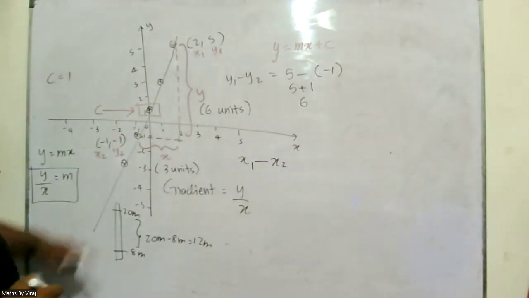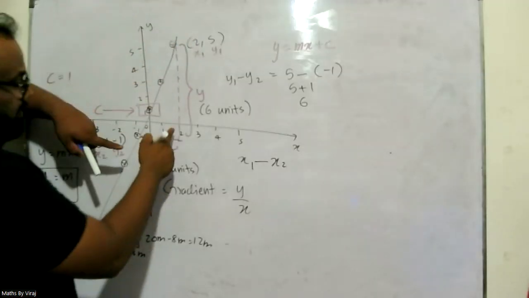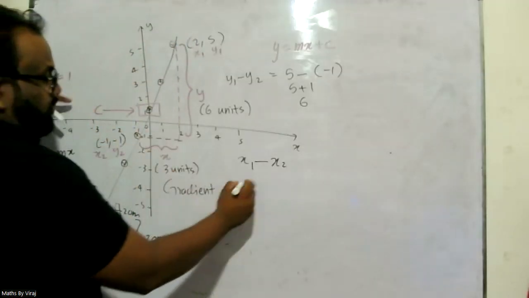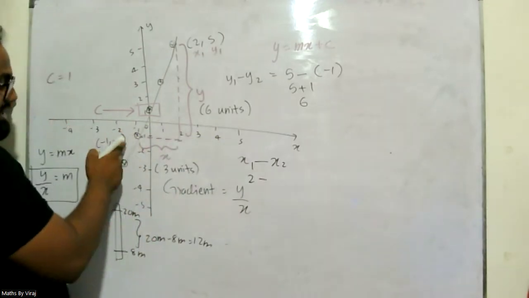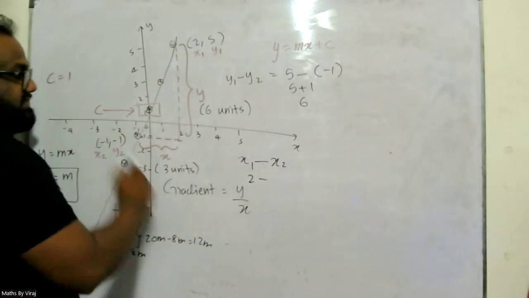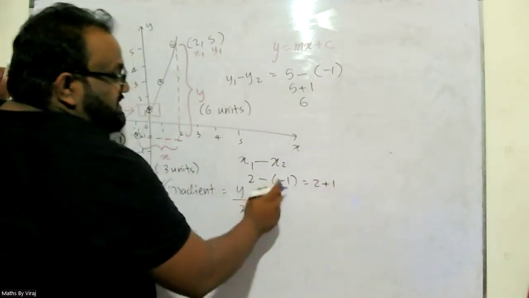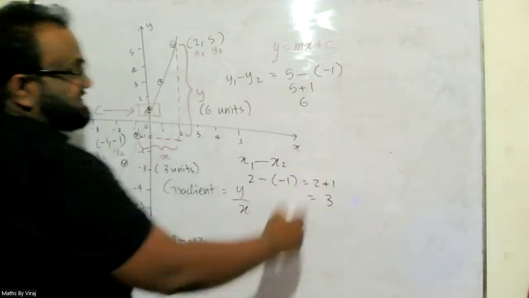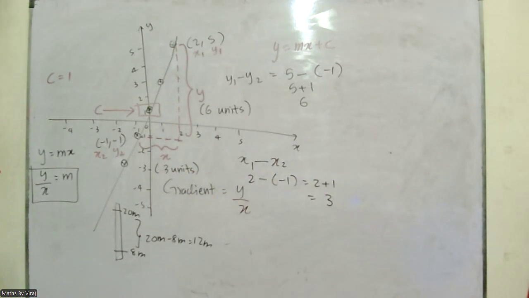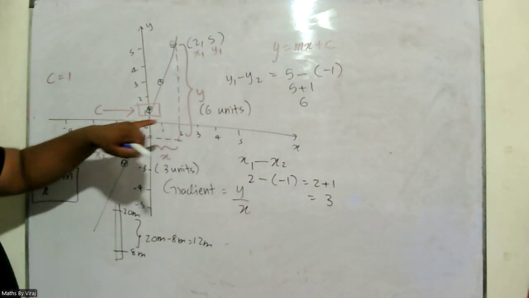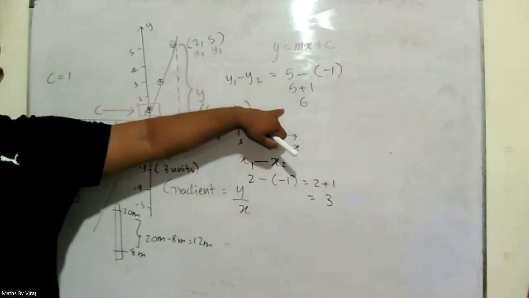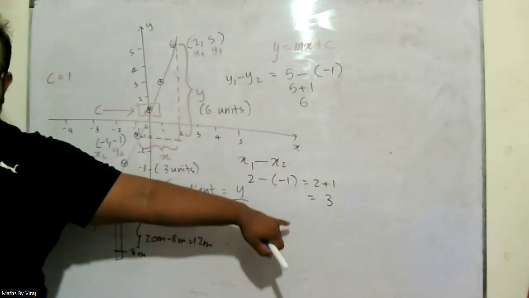What is x1? 2. x1 is 2 minus what is x2? Minus 1. 2 plus 1, that is 3. As what we found here, 6 units, 3 units.